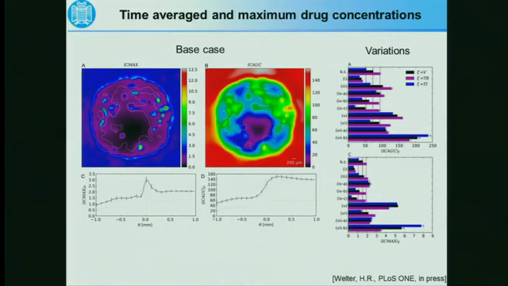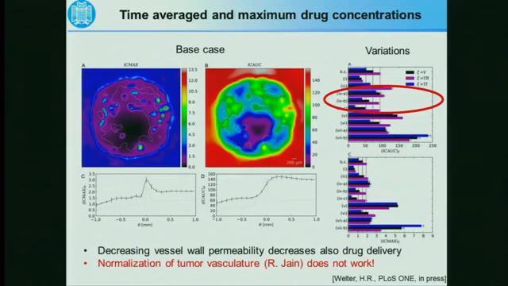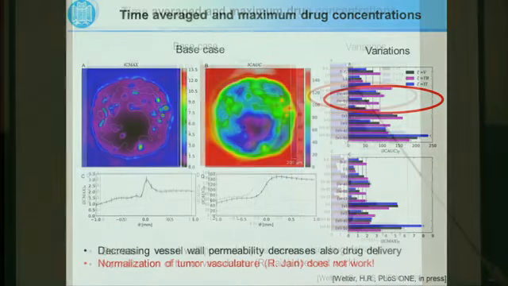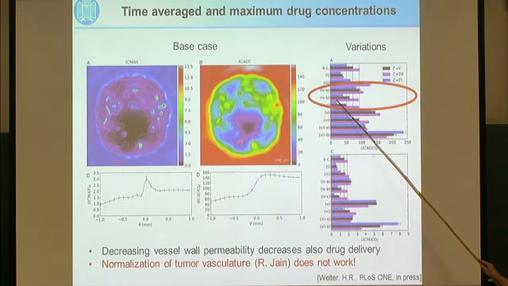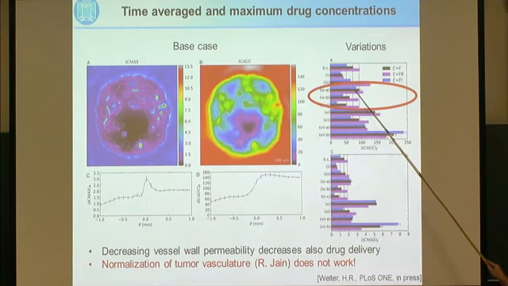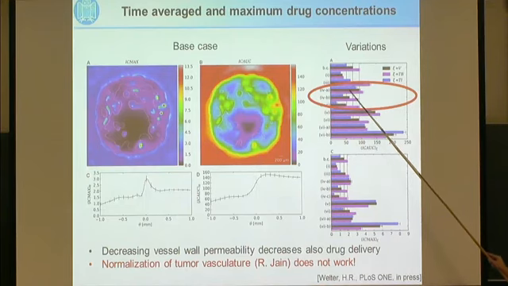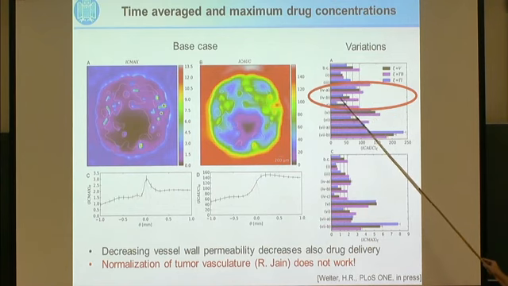And then the variations, when you increase or decrease the permeability compared to the base case vessel wall permeability, the maximum, so the time integrated amount of drug, is higher when you increase the permeability, and lower when you decrease the permeability. So essentially, decreasing vessel wall permeability also decreases drug delivery.